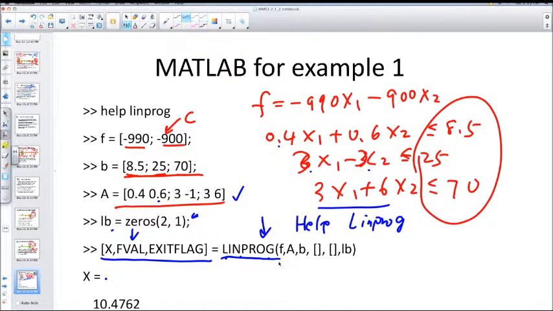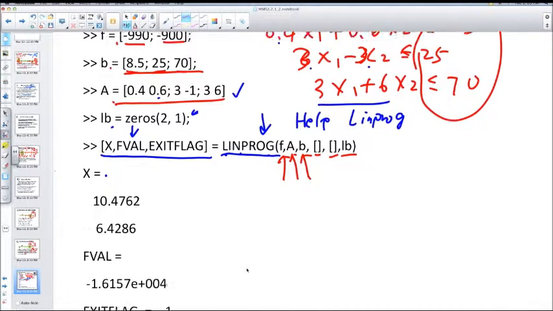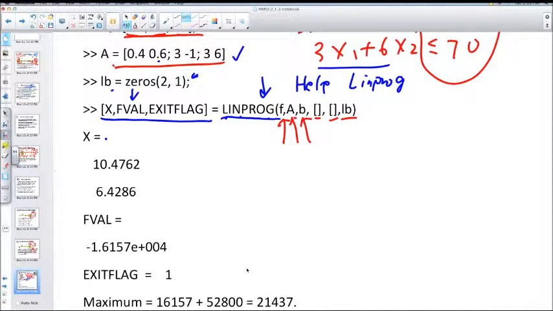Now what do you put? F, A, B in order. And this LB, don't worry at this moment, is 0, 0. And for these two, don't worry, just put them there. That's how you use the command.